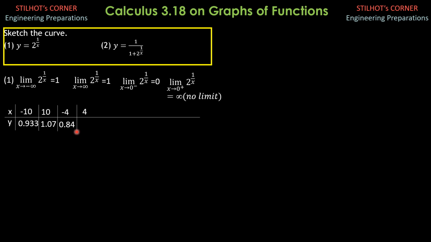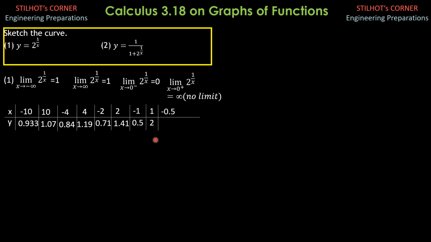When x is positive 4, y is 1.19. When x is negative 2, y is 0.71, positive 2, 1.41. When x is negative 1, 2 to the 1 over negative 1 is 1 half or 0.5. When x is positive 1, 2 to the 1, so 2.